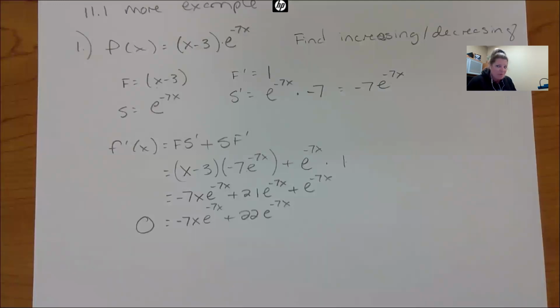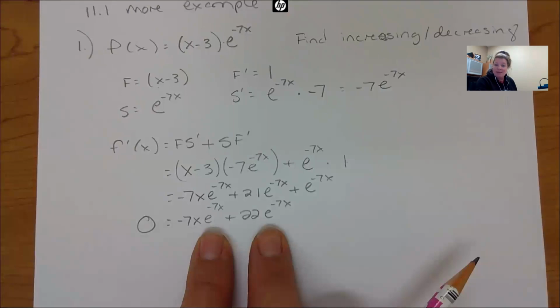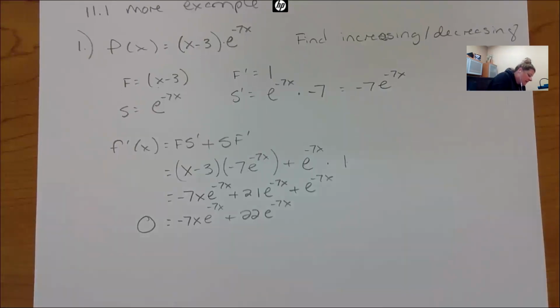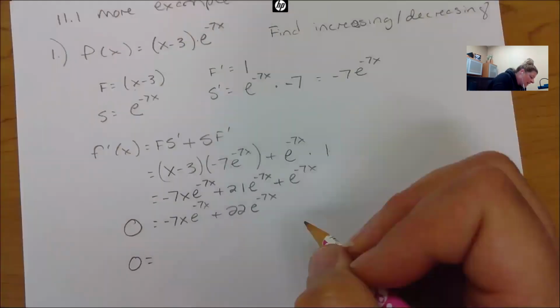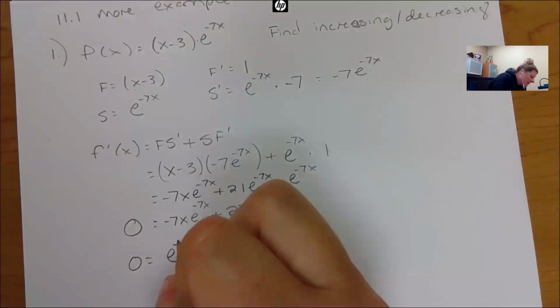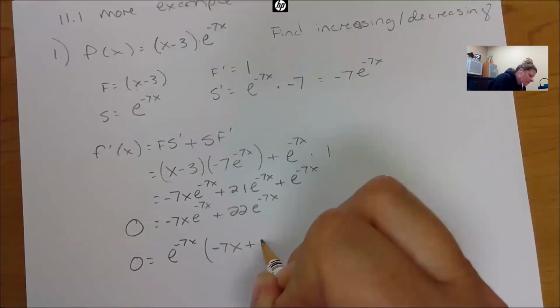If you have an x in an exponent, you typically need to use a log. But for this, do you see that both of them have that ugly e thing? So I'm going to factor that out. So follow me here. I'm looking for those critical values. I'm going to take out e to the negative 7x. I'll be left with negative 7x plus 22.